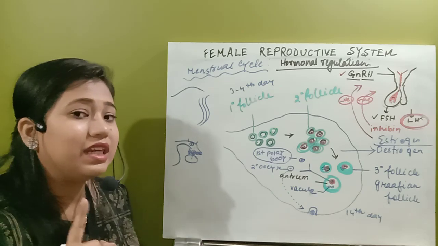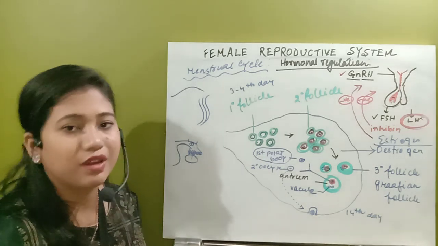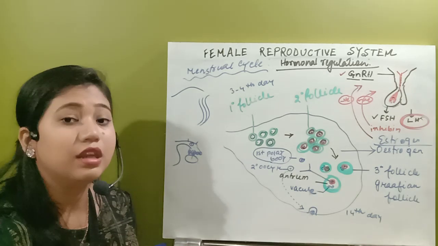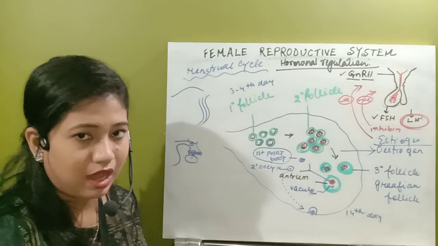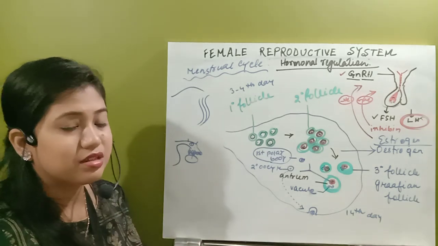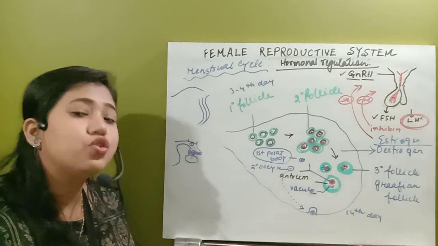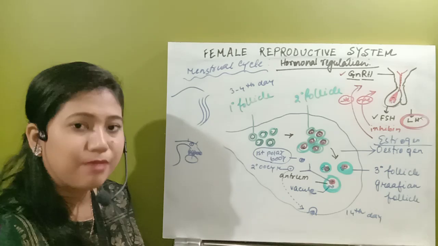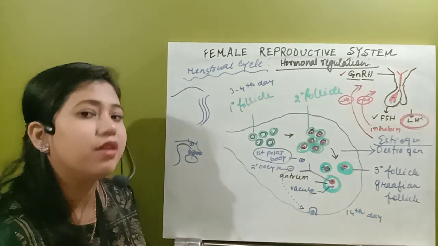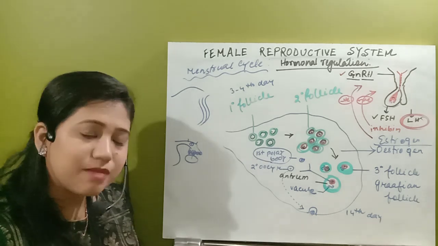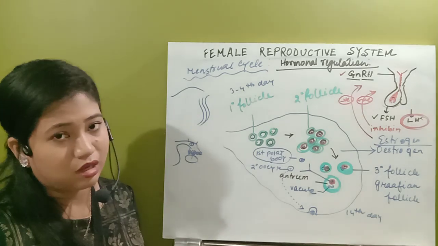It can never happen that the first polar body also is removed outside the ovary and reaches the fallopian tube. Never happens. In the case of humans it does not happen, but in some other organisms it is possible that the first polar body can also undergo meiosis and multiple ova will be formed. But in a human female, the reproductive system is made in such a way that it can carry only one embryo.